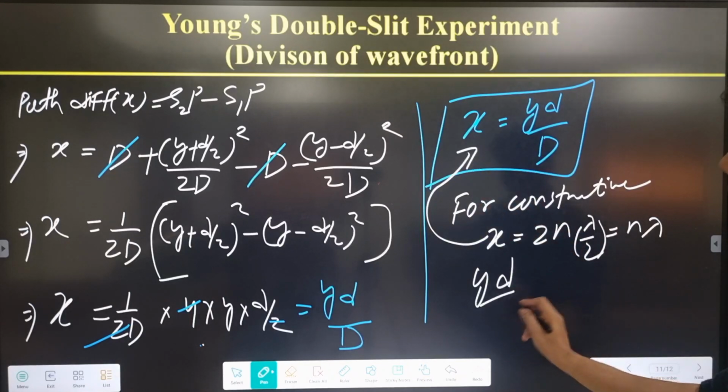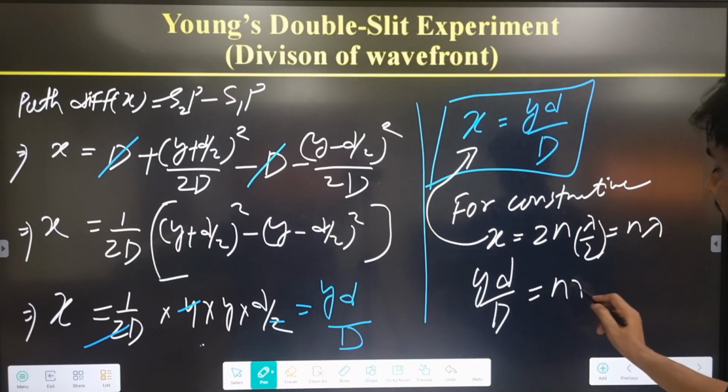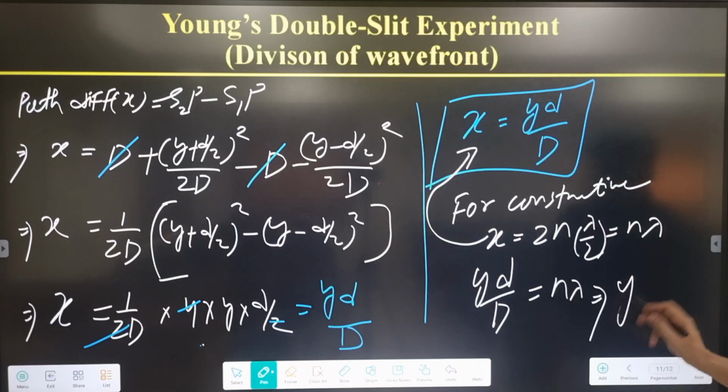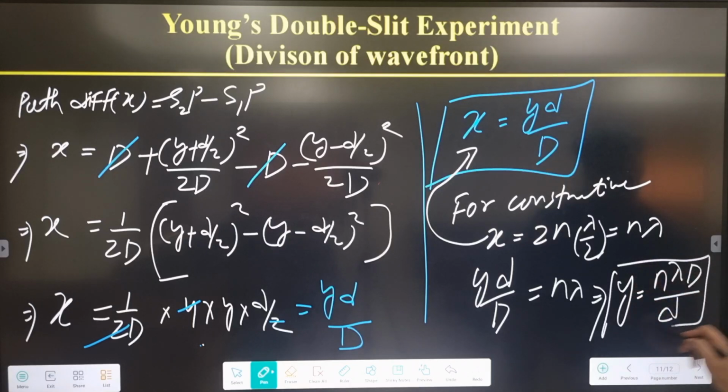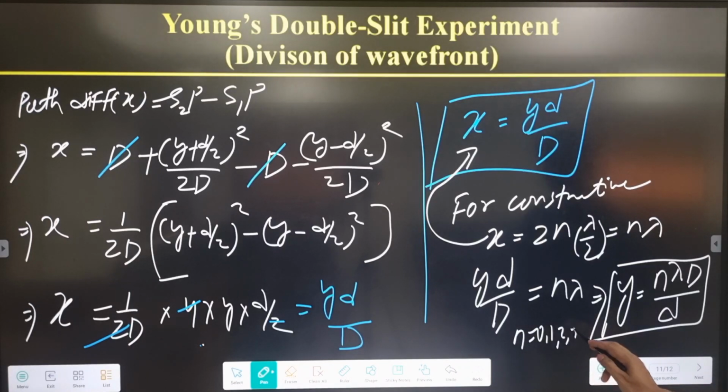So y small d by capital D equal to n lambda, or y equal to n lambda capital D by small d. This is the position. This gives us the position for constructive interference points, or you can say the bright points. Clear? Where n equal to 0, 1, 2, 3 and so on.